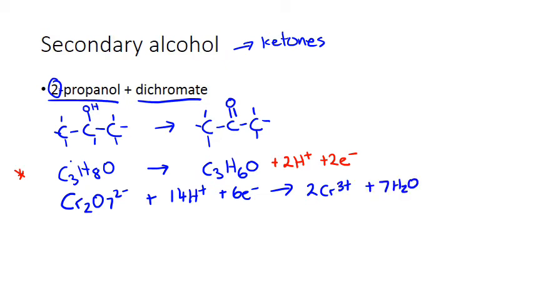Alright, so let's compare the electrons. 2 on this, 6 on this one. So I need to multiply all of this by 3. Okay, and then let's put them all together. Okay, so my dichromate stays the same.